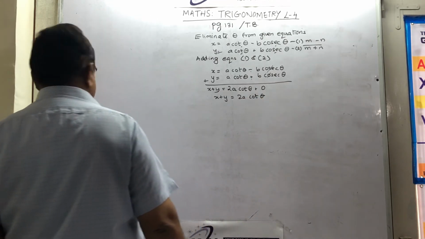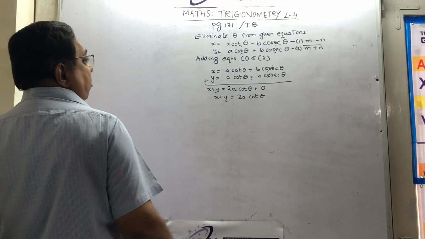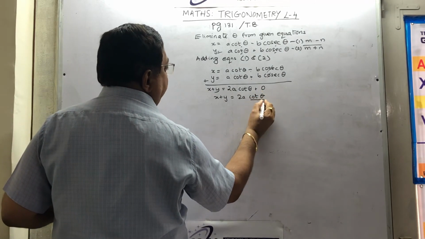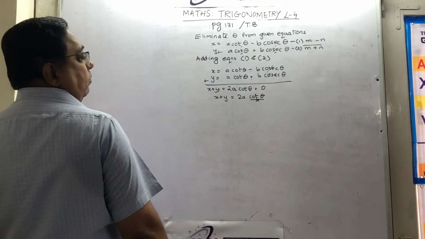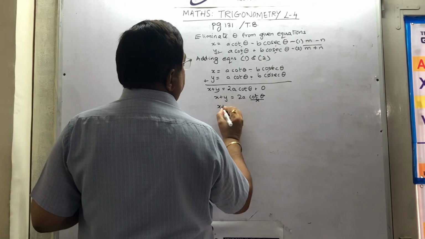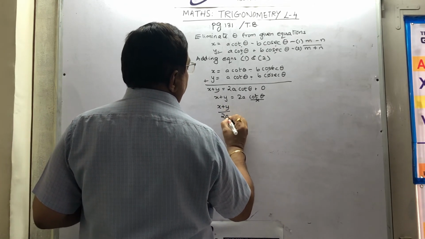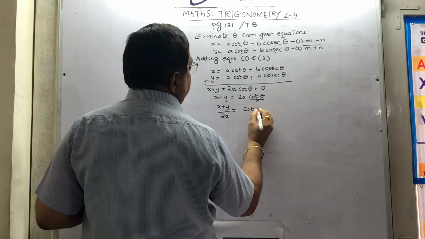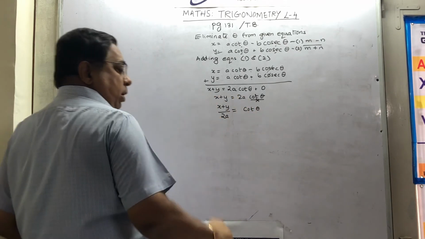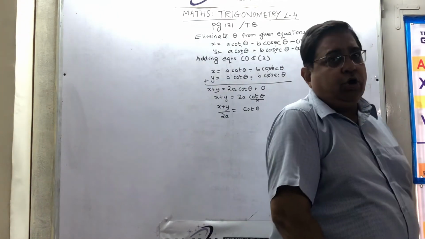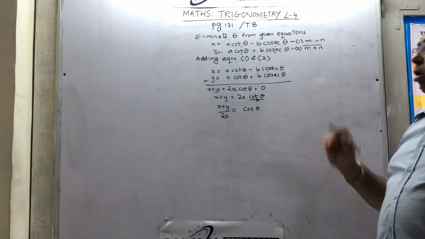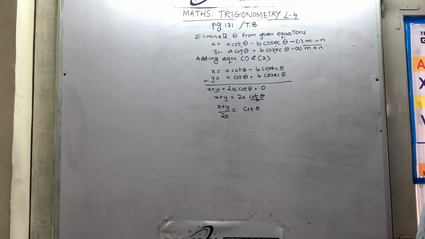They have told me to get rid of theta, so I don't need this term. I have to get rid of this term. So I will get x plus y upon 2a is cot theta. I brought 2a to the other side. The numerator will become the denominator. And I got cot theta on the other side, as you can see. So this is how I get rid of this.